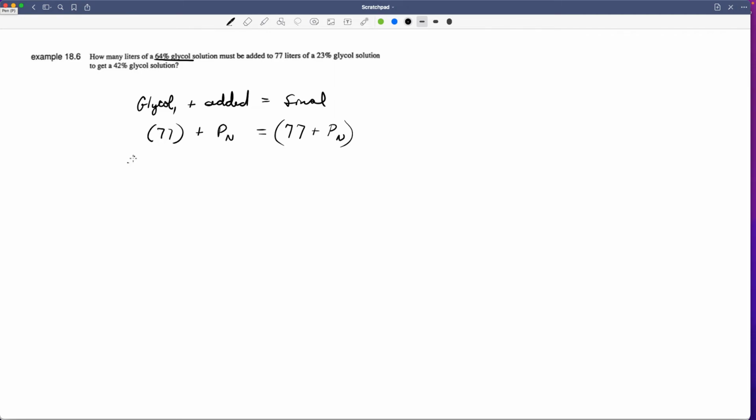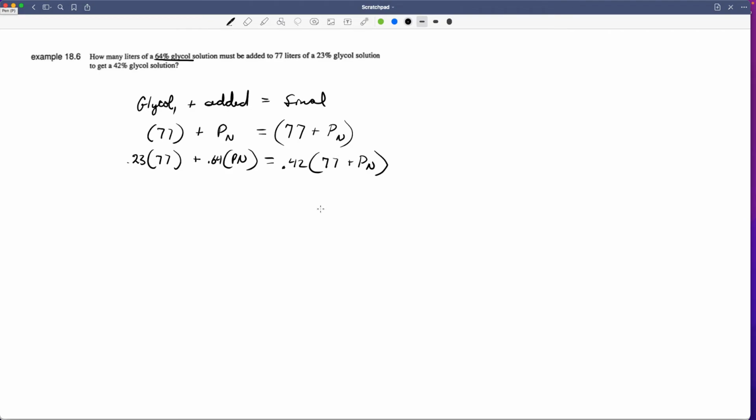So 0.23 times 77 plus, this is the 64%, so 0.64 times the amount we pour in. And then we want a 42% solution in the final number, so that's going to be 0.42 times 77 plus PN. All right, so there is what we have to solve.